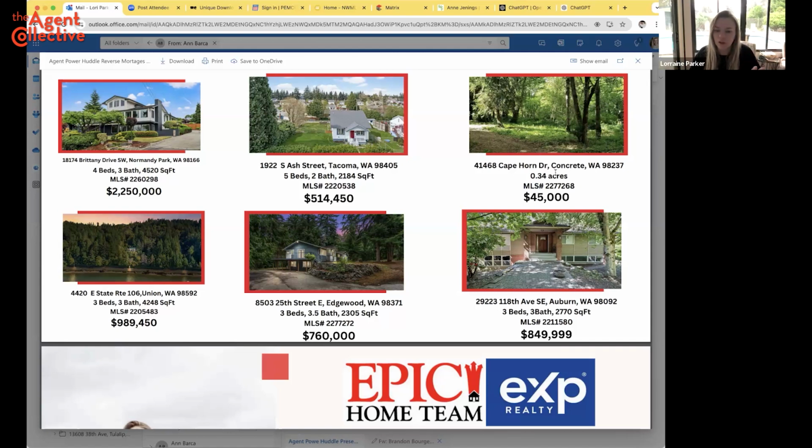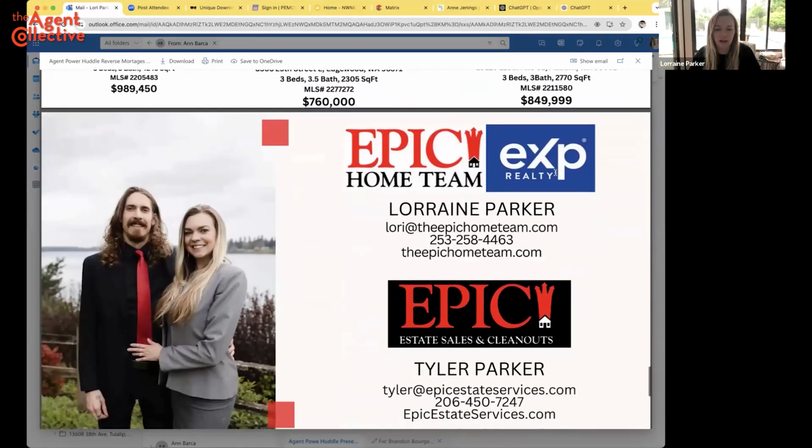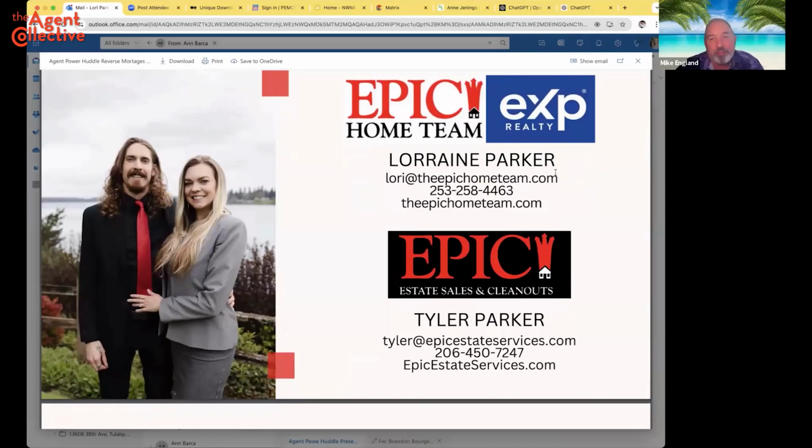So pretty much, we talk about how a reverse would work on every single one of my listings. Especially the Ramblers, right? No stairs. Yeah. For an aging population. I'm listing tomorrow in University Place, and it had a chairlift, but we found the coolest company that will relocate chairlifts.